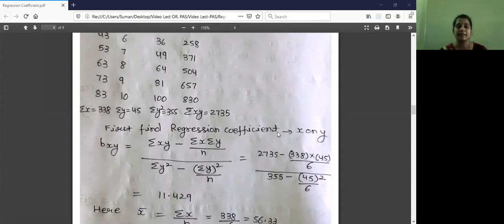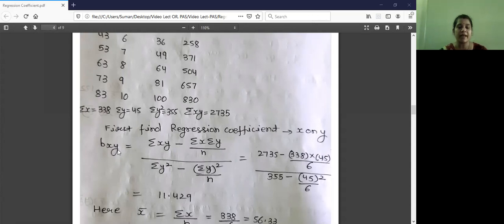The formula is summation x into y minus summation x into summation y divided by small n, where n is the number of terms, whole divided by summation y square minus summation y whole square upon n, the number of terms.